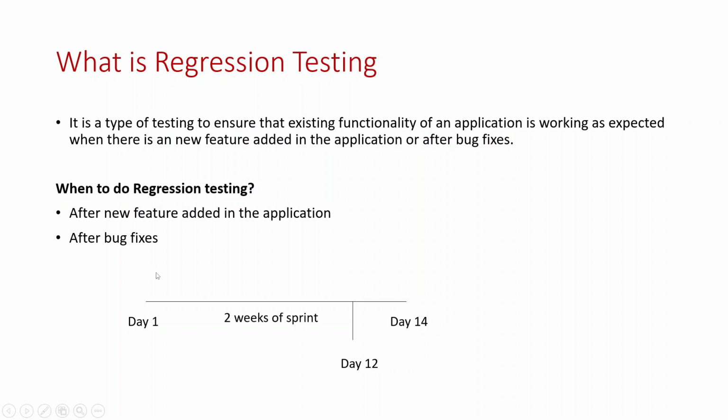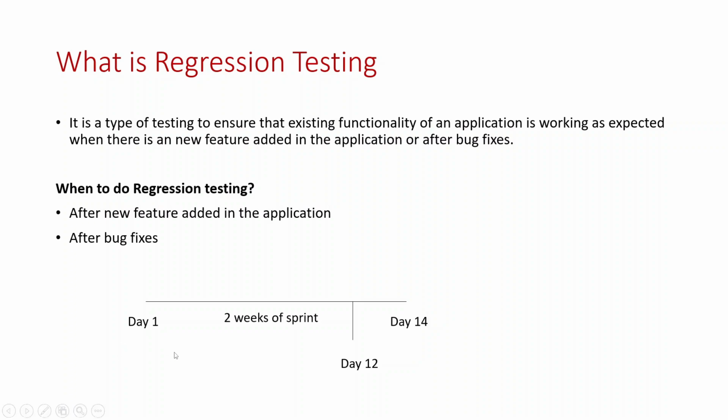So what testers usually do is, during this 2-week sprint, from day 1 till day 12 they will be testing the new functionality of the application, and if there are some defects, they report them to the developer, then the developer fixes the defects, and the tester does the retesting of that defect, and they give the statement that yes, this new feature is working as expected and there is no defect in the application.